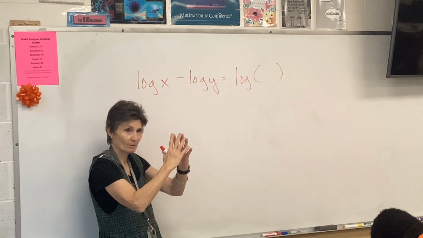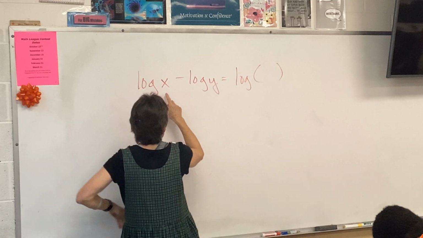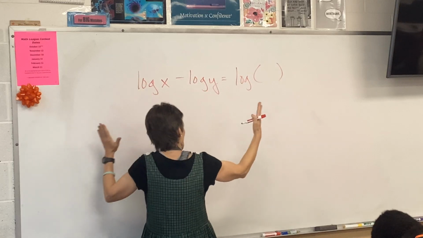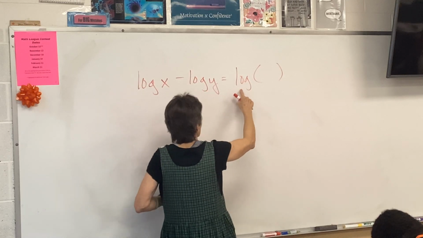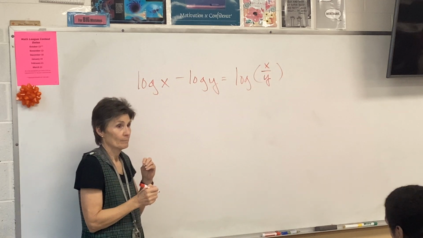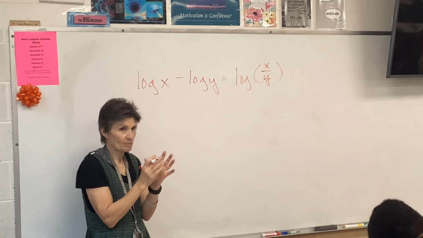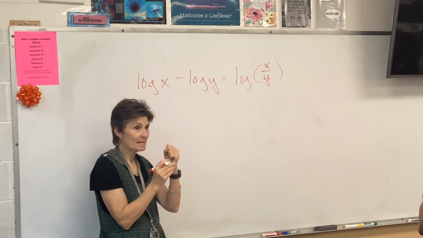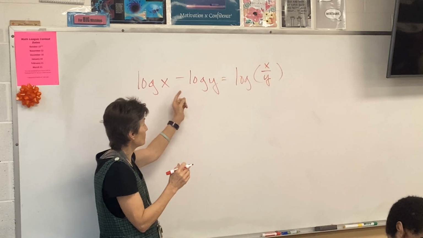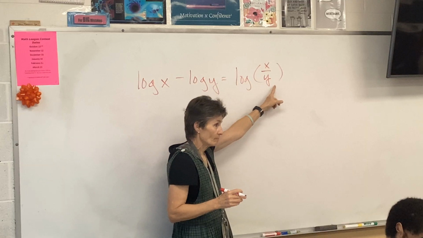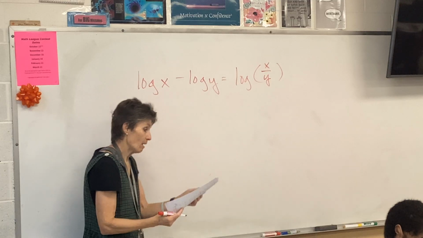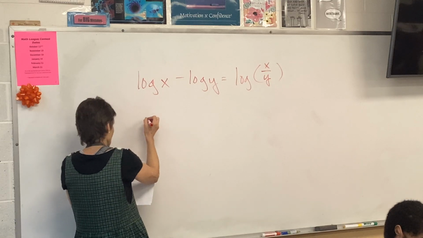The rule says, if they are being subtracted, then when I put them together as one logarithm, they're gonna go together as a division. So it's like exponents. If you're dividing, you subtract the exponents, so it's the same idea. Subtraction becomes a division when you put two of them together. Now, let's look at problem B.